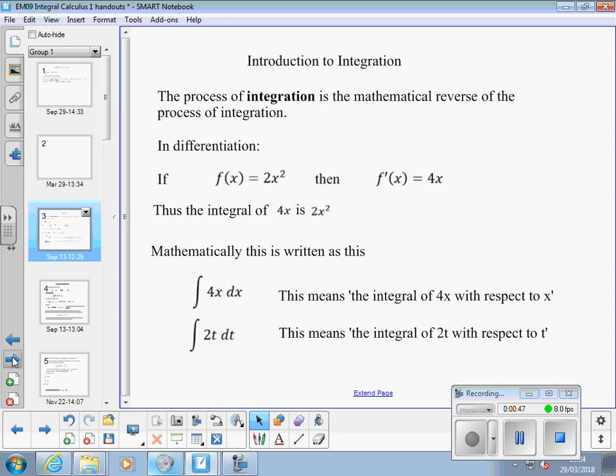The process of integration is a mathematical reverse of the process of differentiation.